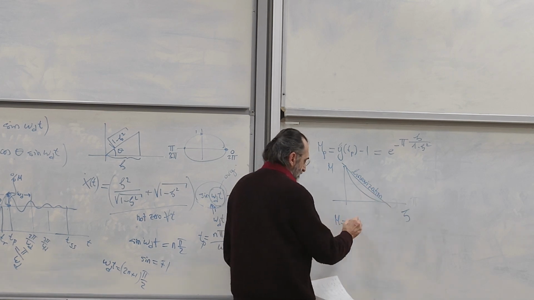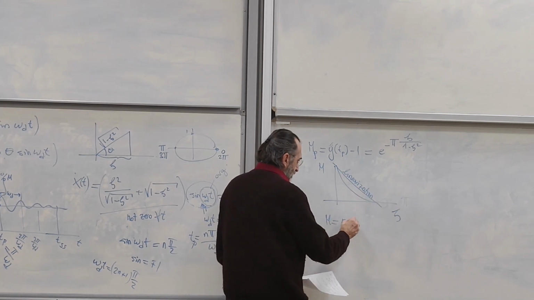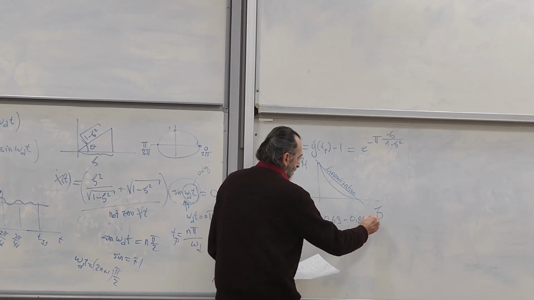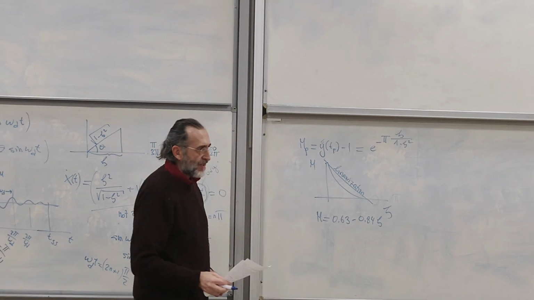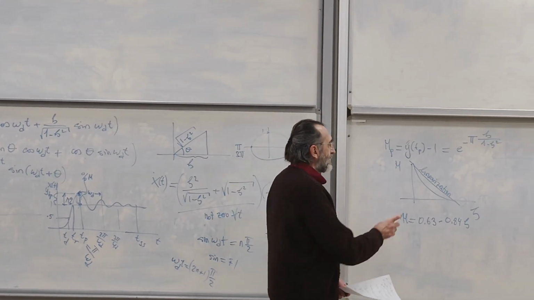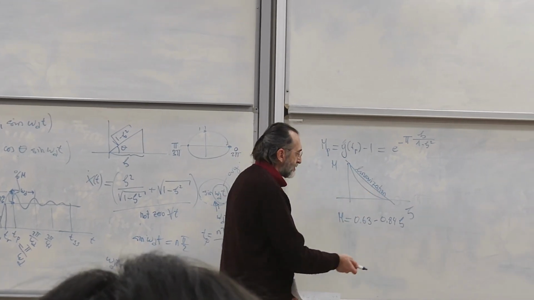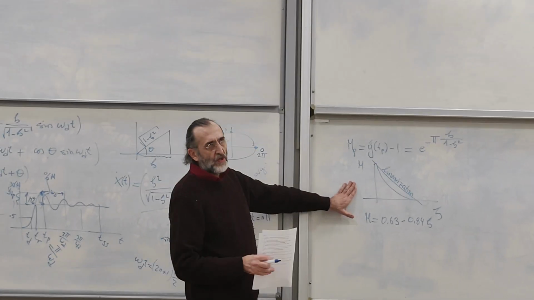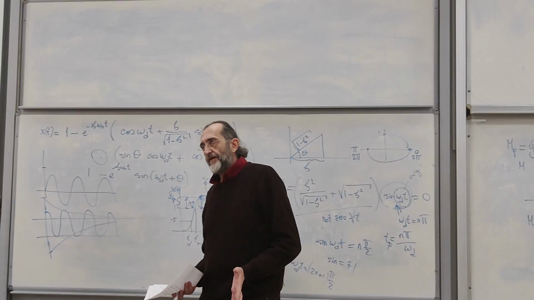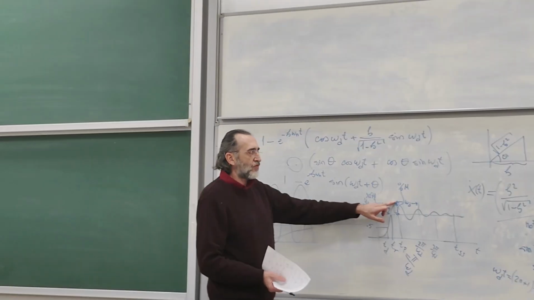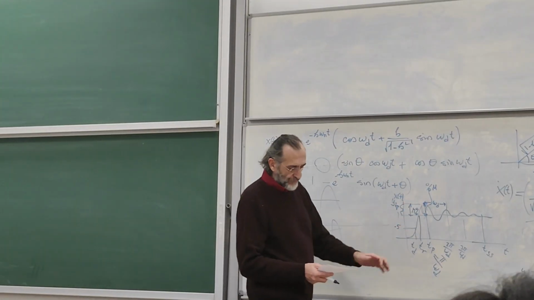And the overshoot becomes equal to 0.63 minus 0.84 zeta, the linearization approximation. So that is another tool for us to design a well-behaved system with a small overshoot.